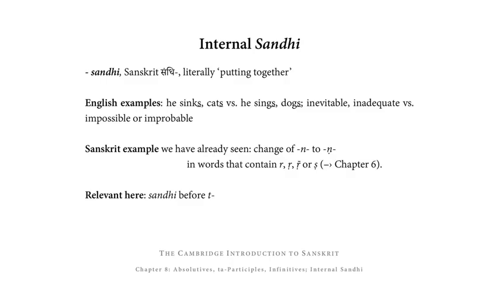For example, the S at the end of he sinks to indicate third person singular, and at the end of cats, in order to indicate plural, is unvoiced. We have S and S, he sinks and cats, but in he sings and dogs, it's not an S, it's a Z, its voiced counterpart.